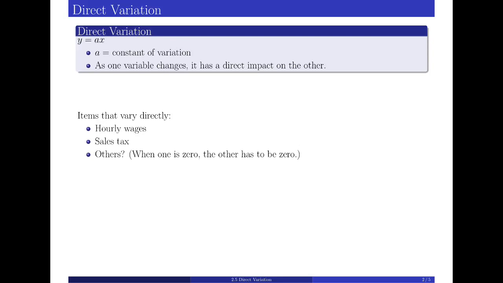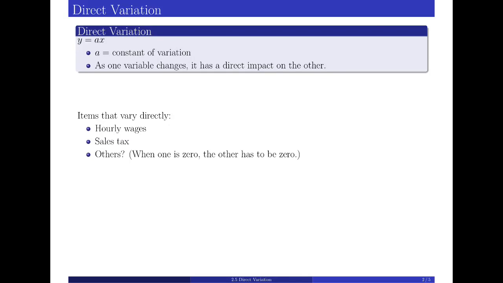So direct variation is a relationship between two variables, two things that might be changing, but as one of them changes, it has a direct impact on the other. There are lots of different equations we could make where this is the case, but the specific form of an equation that relates these two variables is y equals a times x.